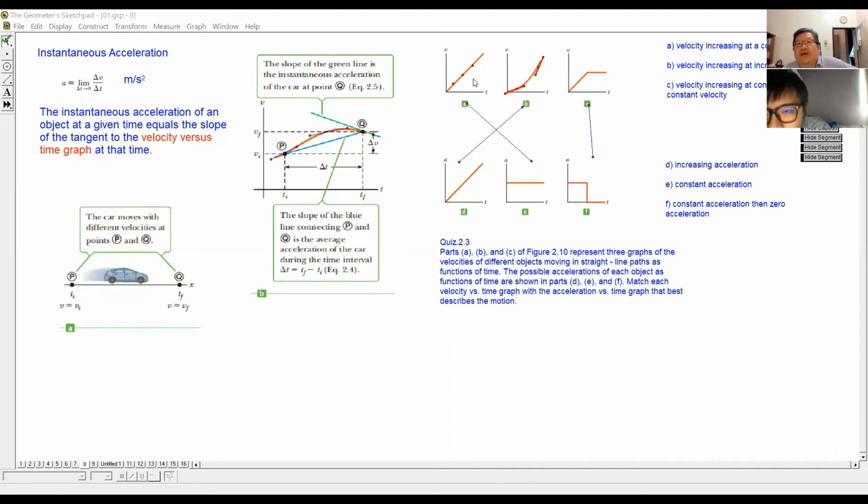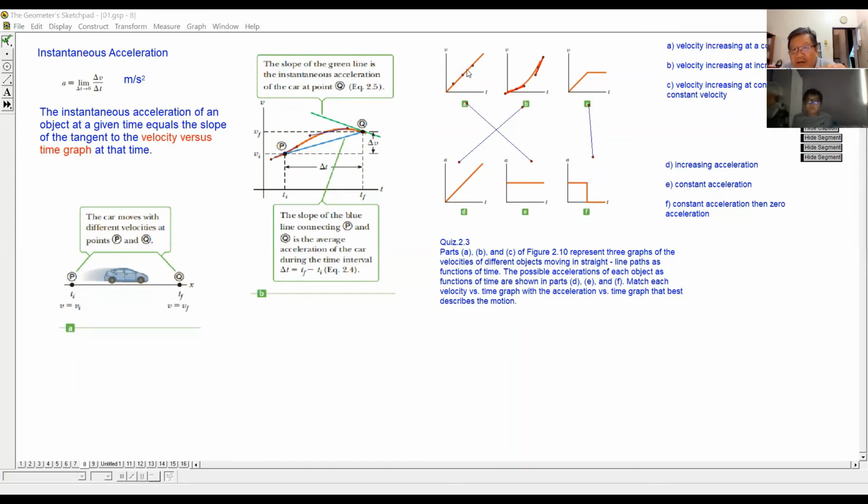If the rate of increase is constant, when you transfer it to acceleration versus time, which of these three acceleration versus time graphs describes the first one? It is E, because the rate of increase of velocity means acceleration.